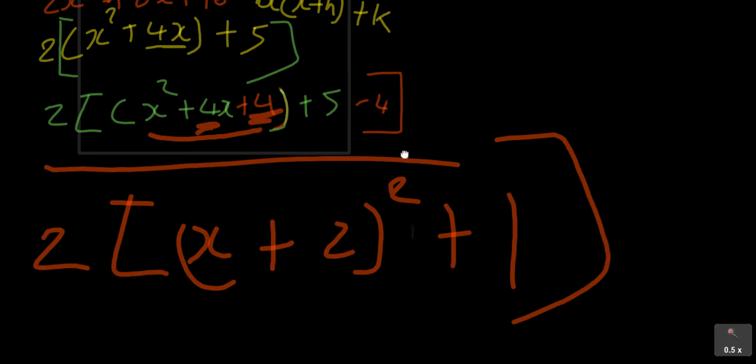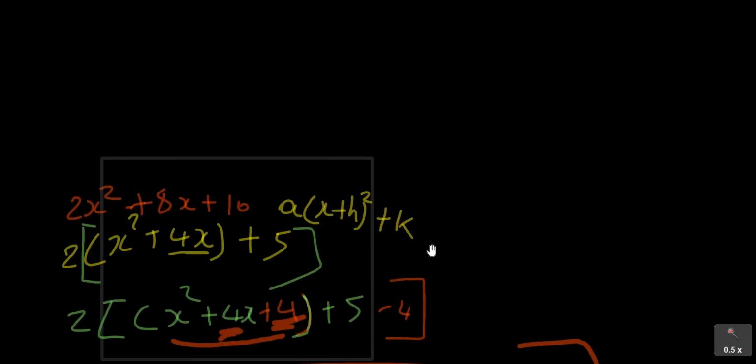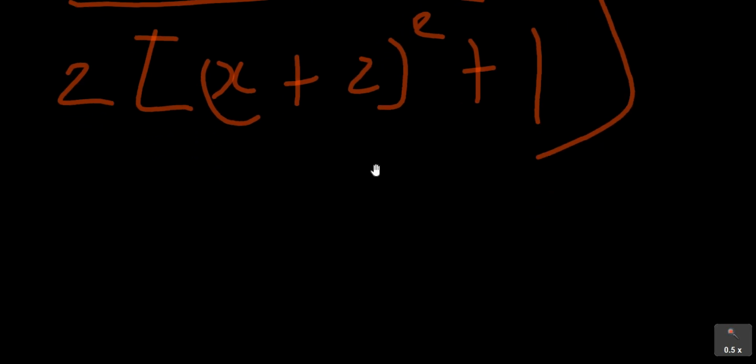If we want to prove that this is coming from this quadratic expression right here, we can prove it. And so let's go ahead and prove it, to show that your answer can also bring you back to the solution. And so let's work this out. What would this be? This would be 2 outside.